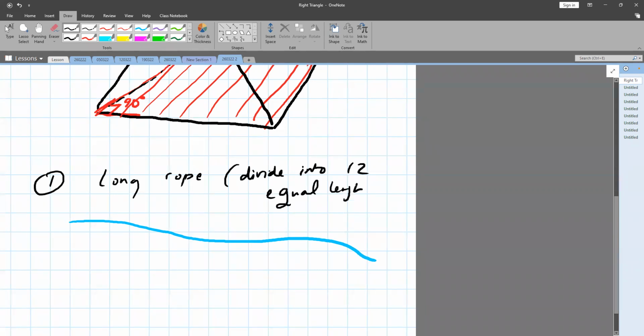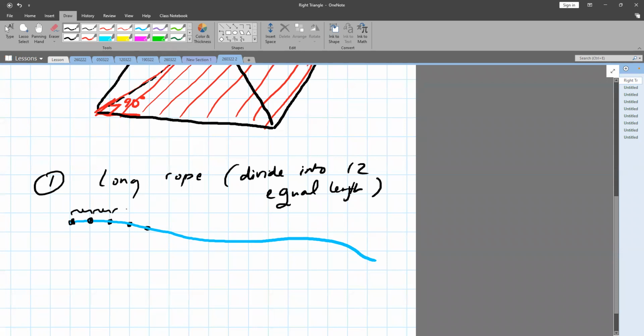And this is not difficult actually, because you can use a small stick or stone and then just tie it here. So this is one section. Now we have another section. This is the second one.